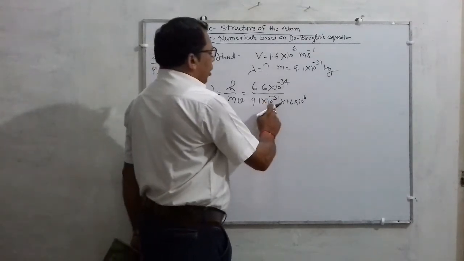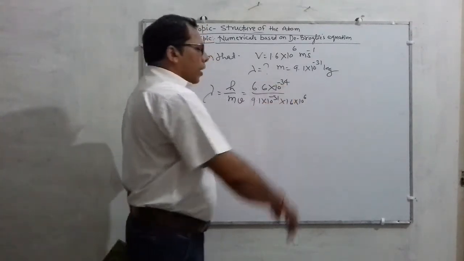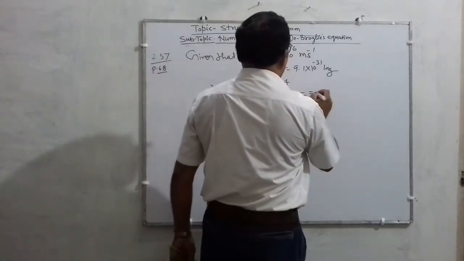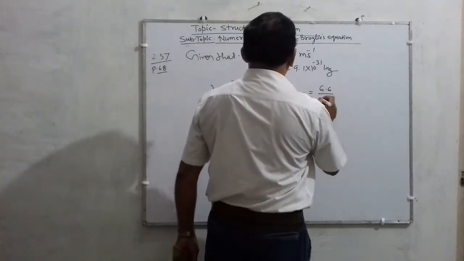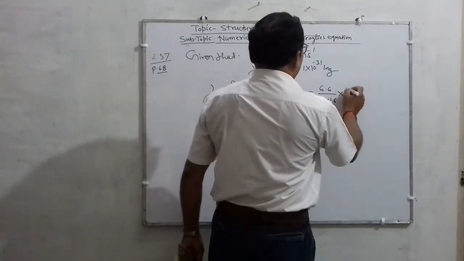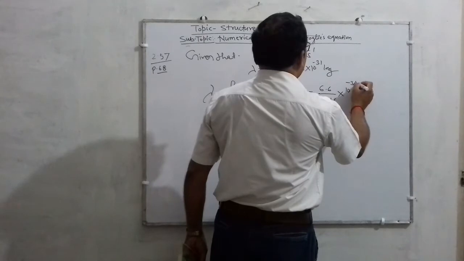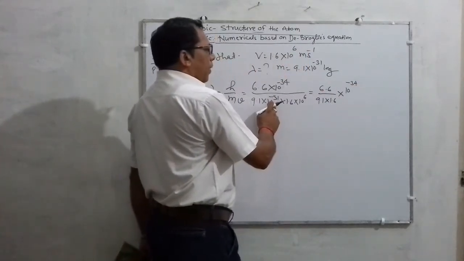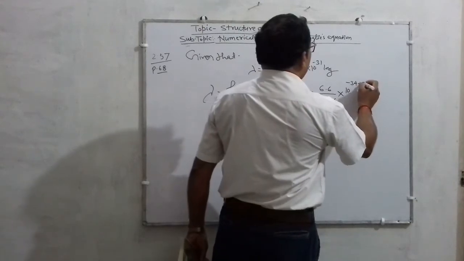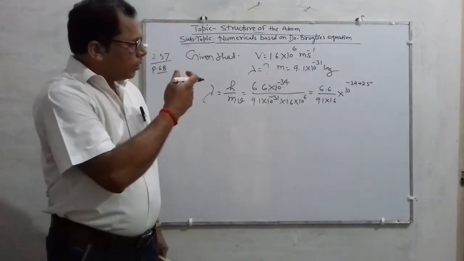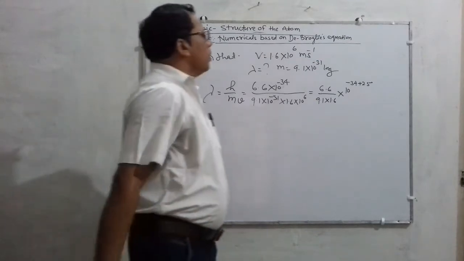And this 10 to the power minus 25, when it goes in the numerator, can be written simply as 6.6 divided by 9.1 into 1.6 into 10 to the power minus 34, and this 10 to the power minus 25, when it goes in the numerator, becomes plus 25. Can be written, student? Alright.